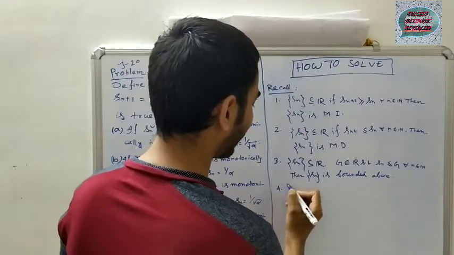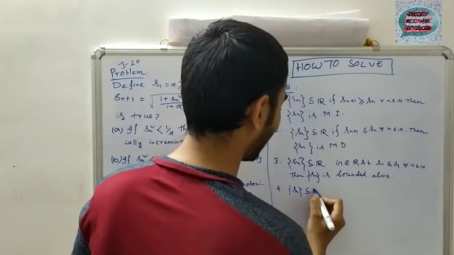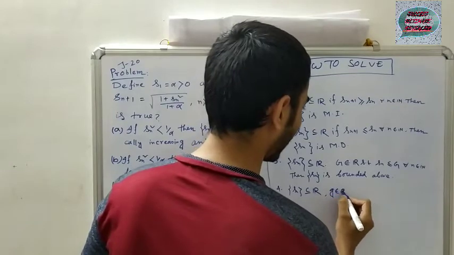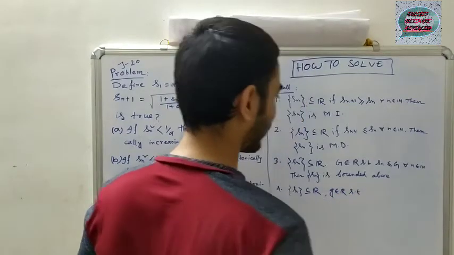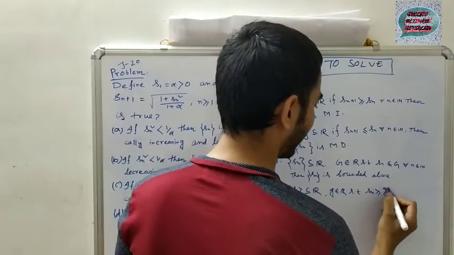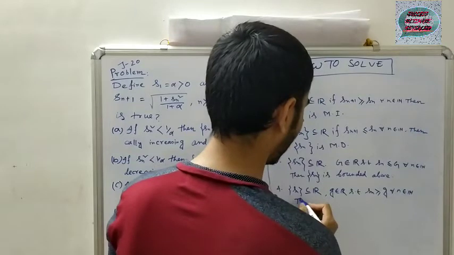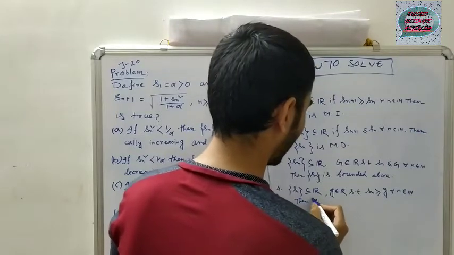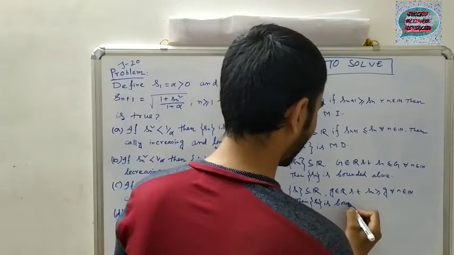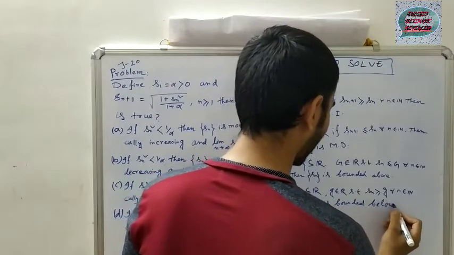Fourth point: Sn is a sequence of real numbers, and if there exists a small g belonging to R such that Sn is greater than or equal to small g for all n belonging to N, then Sn is bounded below.